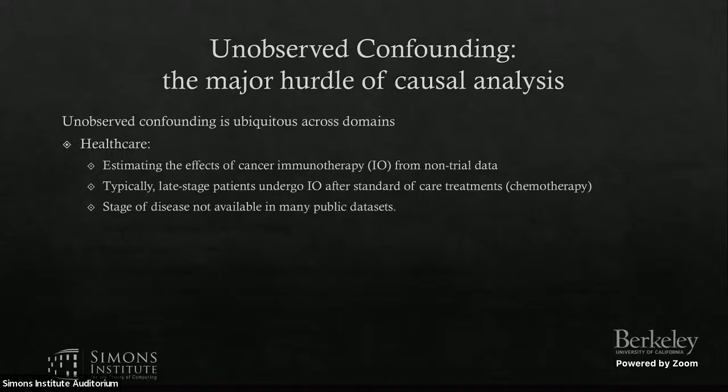And so if you do not observe the stage of the disease in your data and you just look at people receiving the drug and response, you're going to conclude that immunotherapy is a terrible idea, but it's just because it's given to patients that are more late stage and so have short-term survival. So the stage of the disease is an unobserved confounder.